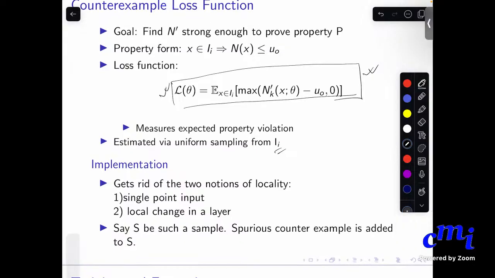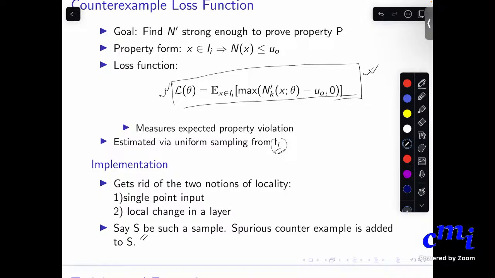Suppose by uniform sampling from I, such a sample is S. When we get a spurious counterexample, we add that point into S, and then again we repeat the process. So that's how it is a counterexample-driven loss function.